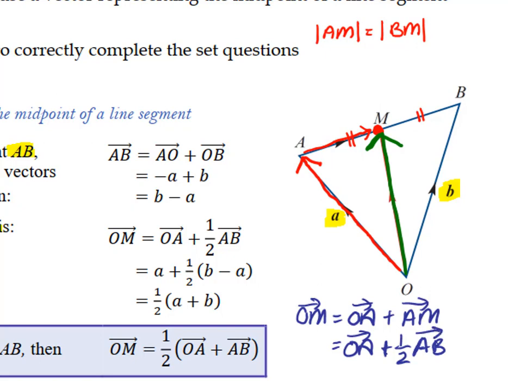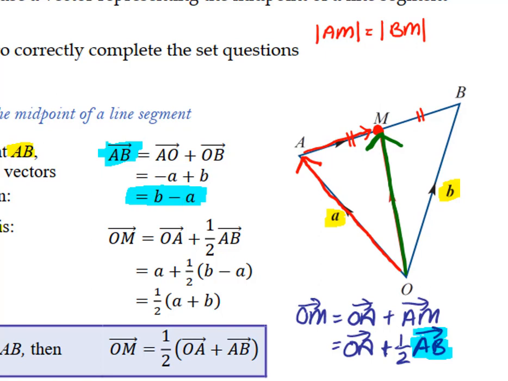So the key is we need to find what AB is, and I've written that there. So AB, as we already know, is AO plus OB, or you can just go straight to B minus A.